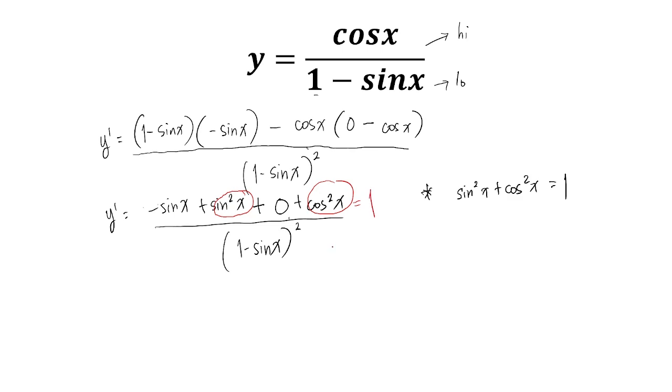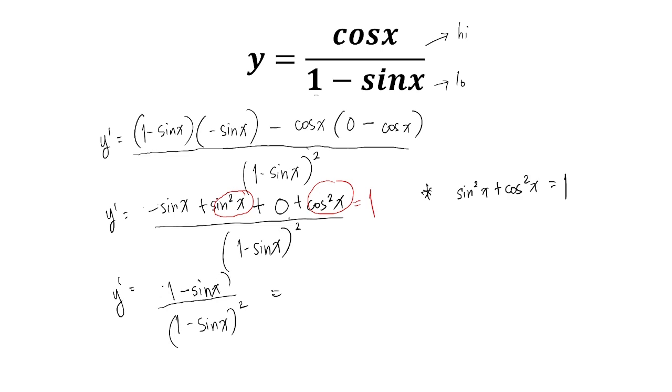So therefore, that's 1. Let's simplify further. Y prime equals 1 minus sine x, 1 all over 1 minus sine x, then quantity squared.